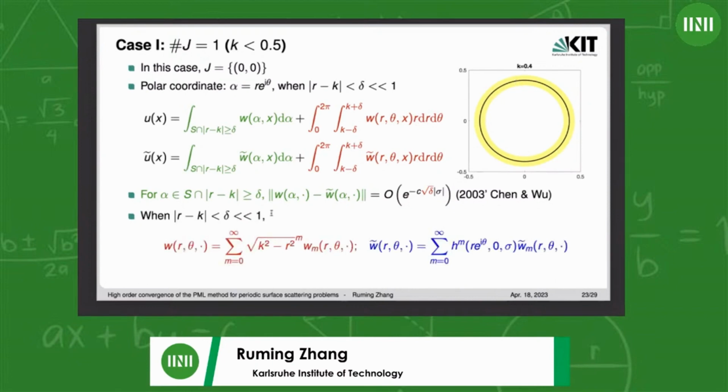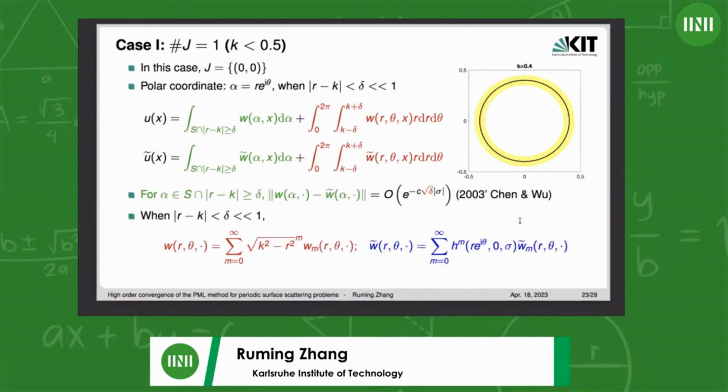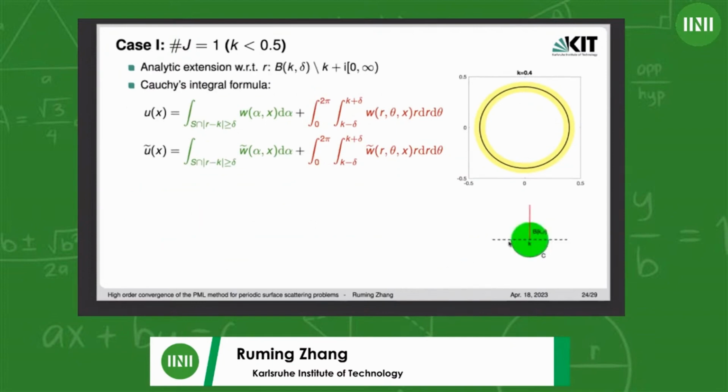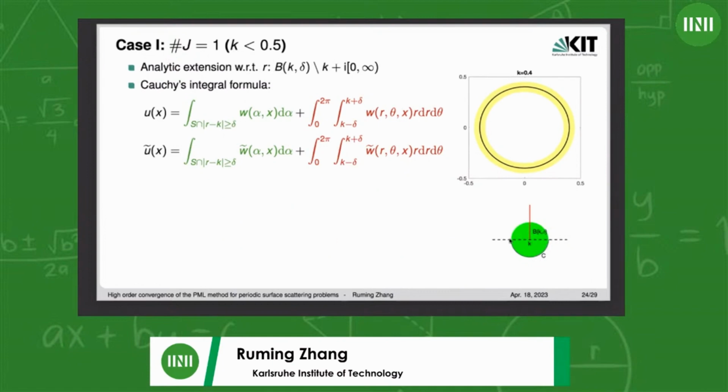Recall that in the previous page, we used the Neumann series. We have these expansions in a much easier form, and then we do the same thing. Still they have the square root singularity, so we still extend the solutions with respect to R. Here we consider that for any fixed theta, we extend W_m and W tilde_m with respect to R to the lower half disk near the value k.